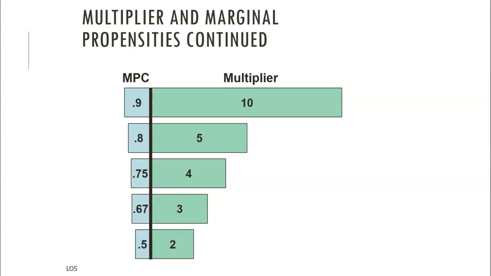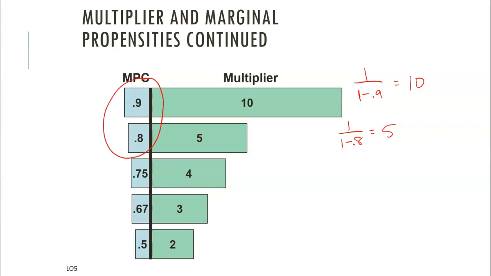On this chart, this is showing you how the MPC relates to the multiplier, but you can calculate this for any number. So if we have a marginal propensity to consume of 0.9, 1 divided by 1 minus 0.9 is going to equal 10. MPC of 0.8, 1 divided by 1 minus 0.8 equals a multiplier of 5.